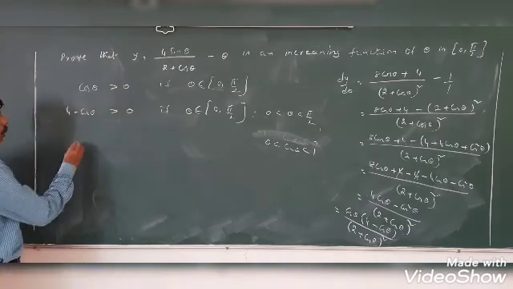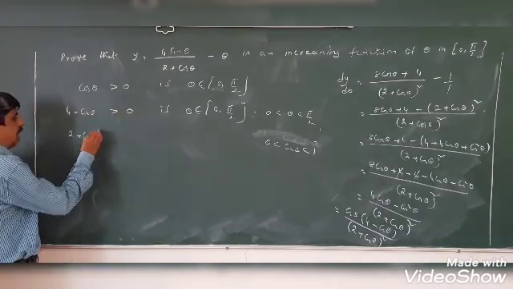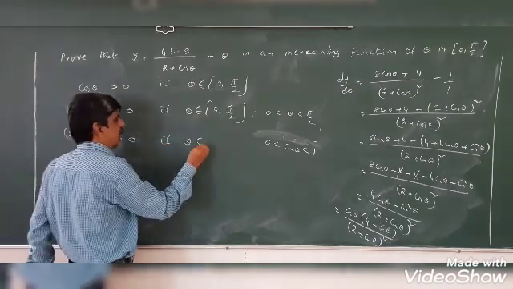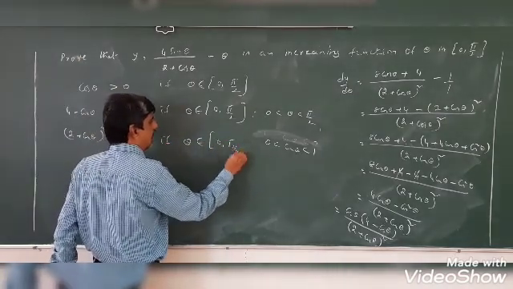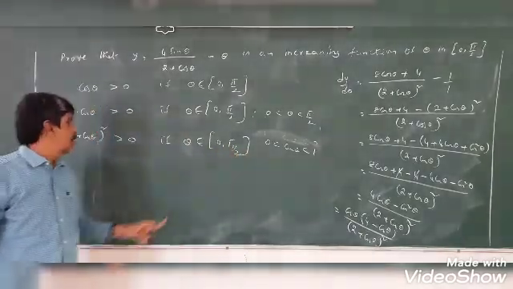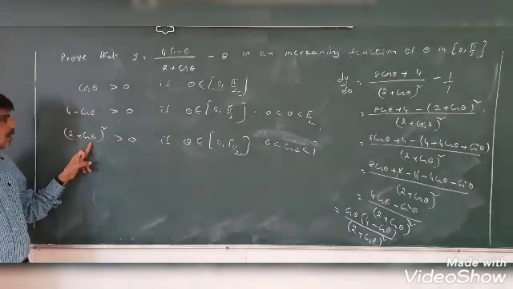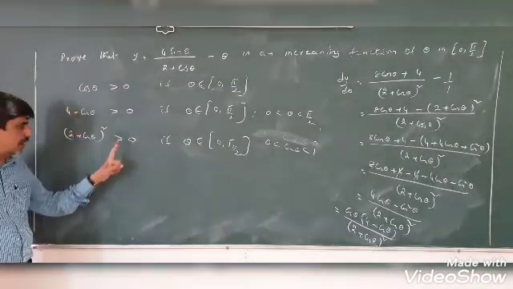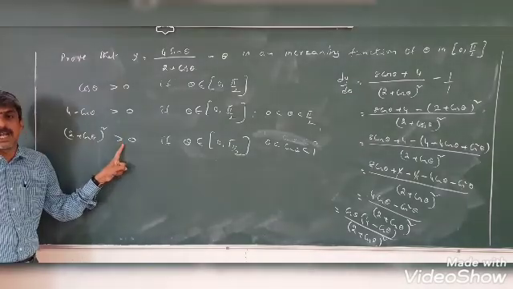Next, 2 plus cos theta whole square is greater than 0 if theta belongs to the closed interval 0 to pi. So 0 to pi by 2 means the first quadrant, cos theta is always positive. So 2 plus positive means positive. Positive whole square means positive. Positive means we write it as greater than 0.